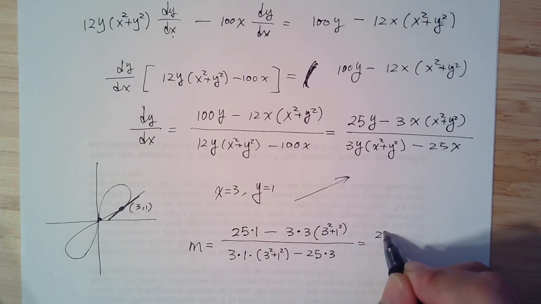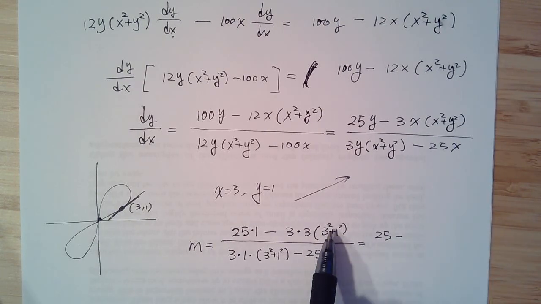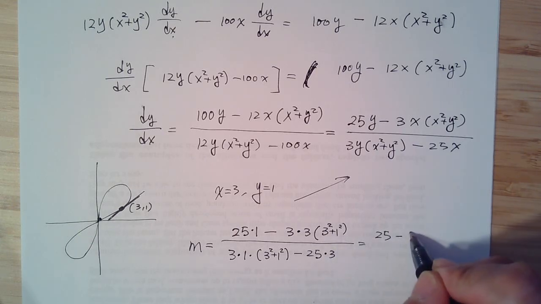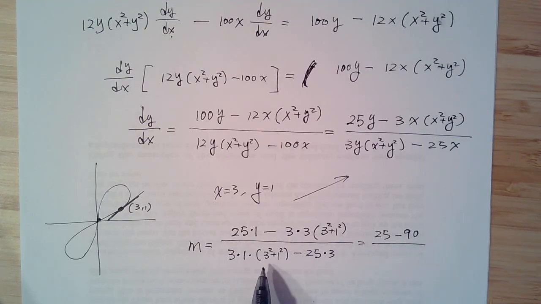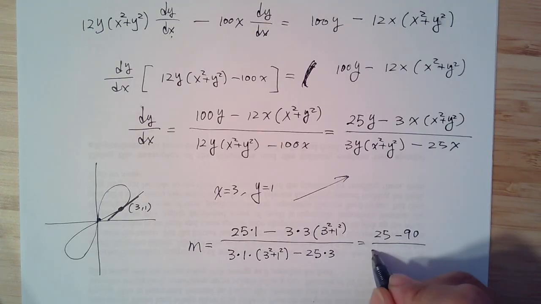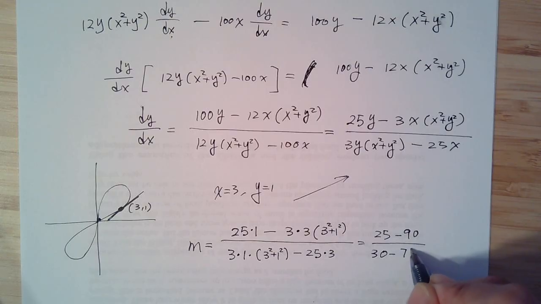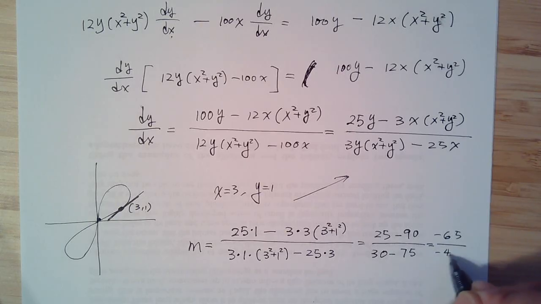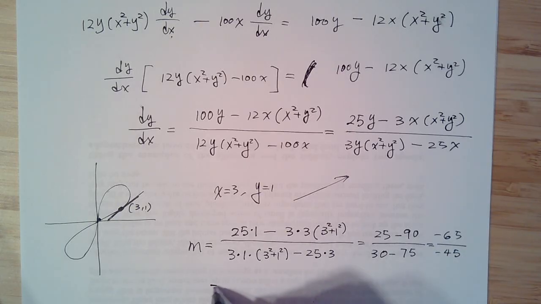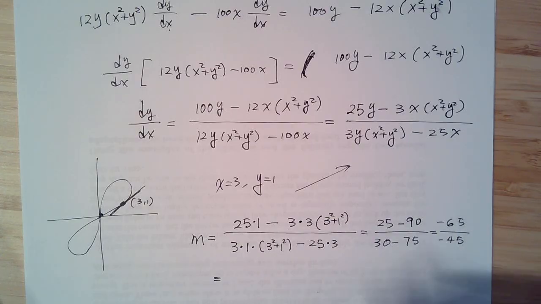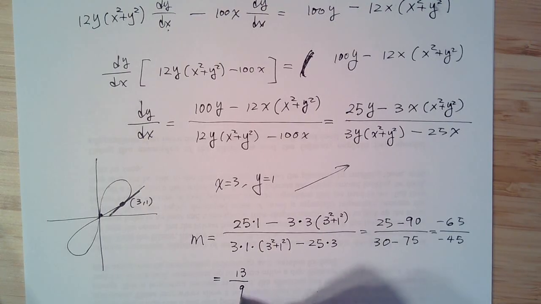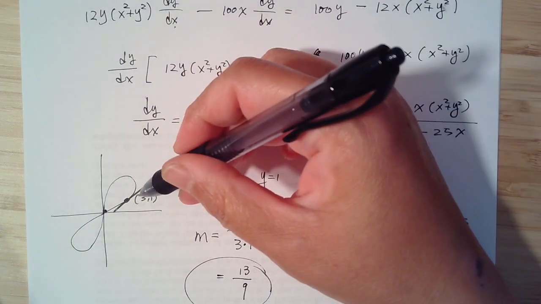So the top is 25 minus 3 squared, which is 9, plus 1 is 10, so it's 90. The denominator, that's 10 times 3, so it's 30, minus 75. So the top is negative 65, the bottom is negative 45. You divide by 5 everywhere and also get rid of the negative, you get 13 over 9. Believe it or not, you get the slope.